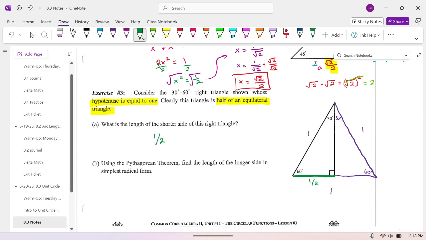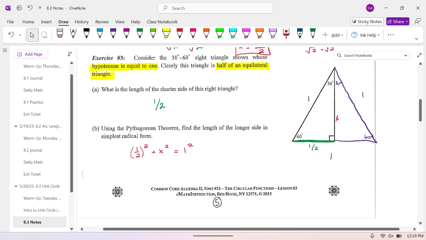Now we've got enough information to do the Pythagorean theorem to find the other side. So let's call this other side for right now x. So I'm going to do 1/2 all squared plus x squared equals 1 squared. So what's 1/2 squared?